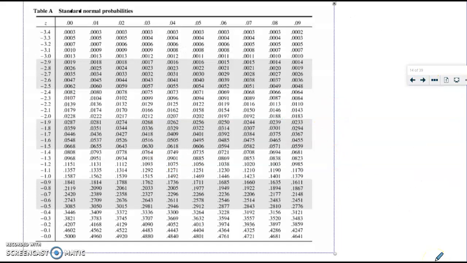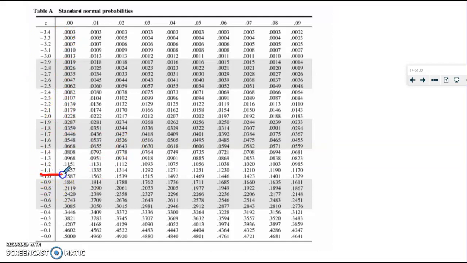And this is for standard normal probabilities. What I want to do is find -1.4. So -1.4 is right here, and I'm going to stop where it is 0.4. So it looks like that percentage is 0.0749.